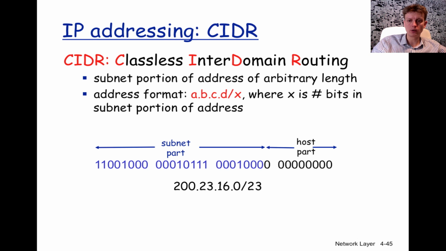Let us talk now about how a particular host can be assigned this host part number. One way of assigning an IP address to a host device, to the end system, is by manual assignment done by a network administrator.